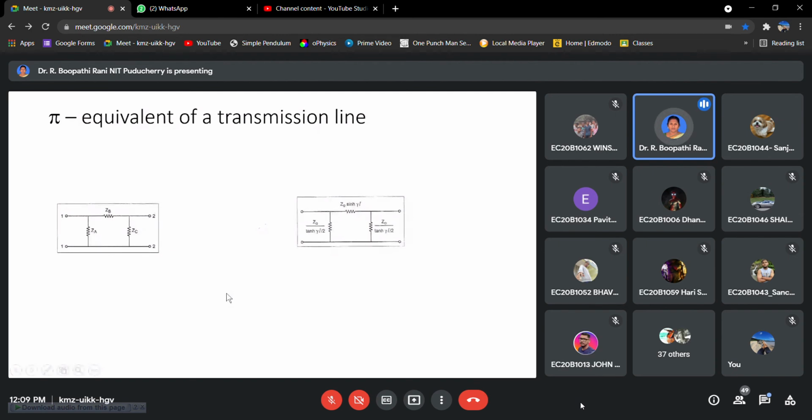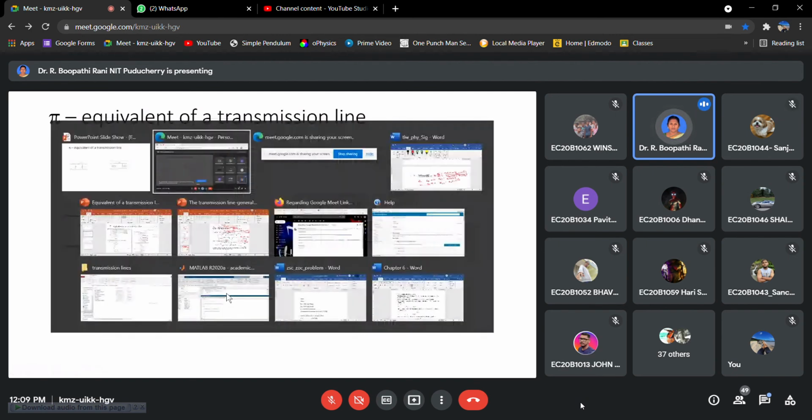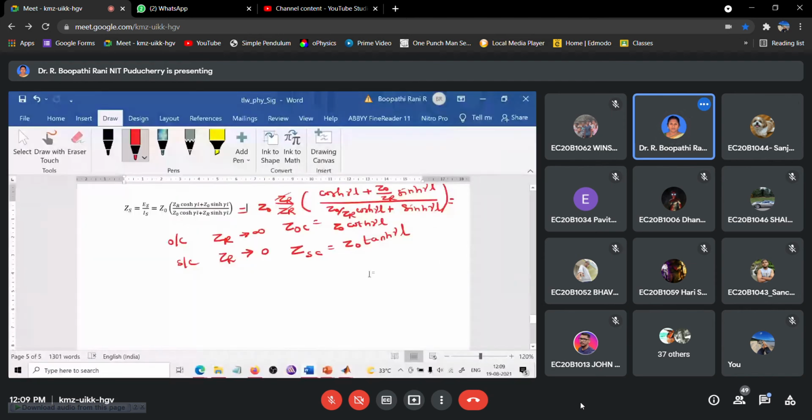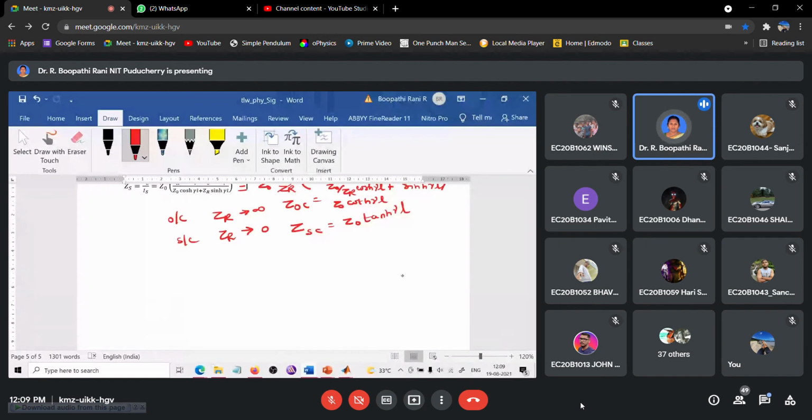And another thing we get from this relation. Is the board visible? Yes, ma'am. ZOC we are writing as Z0 coth nu L. And ZSC we get Z0 tanh nu L. From this, can you find Z0 in terms of open or short circuited impedance?